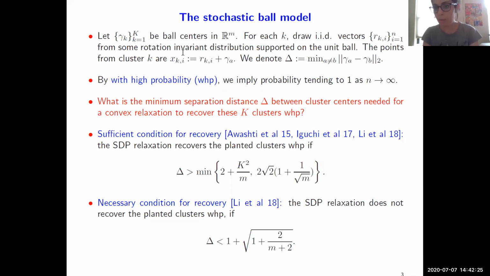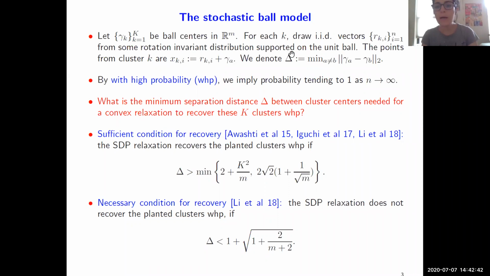So what is high probability? It means with probability tending to 1 as the number of points that you generate goes to infinity. So here again, you have, let's say, K clusters. The points in each cluster are generated in a ball of radius 1.